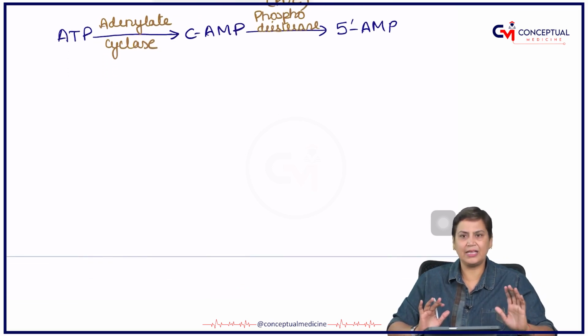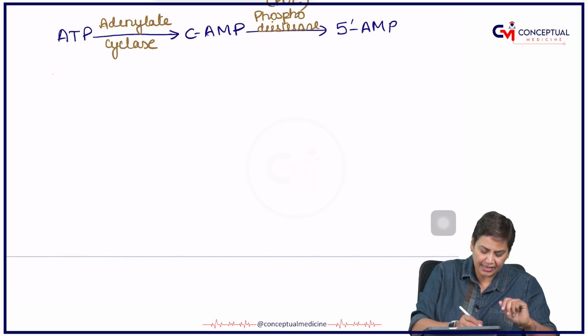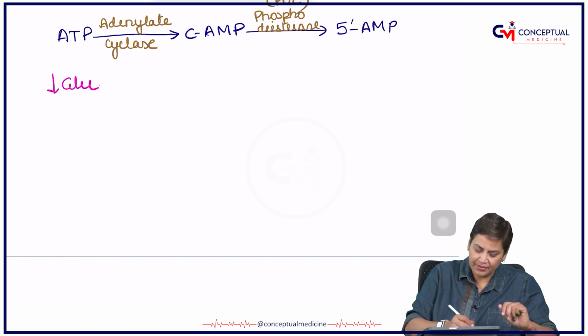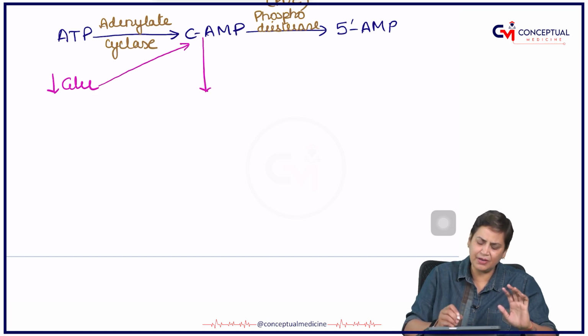Now see what is happening. Whenever there is decreased concentration of glucose, that means the body is undergoing hypoglycemia, this cyclic AMP sends the message, and this cyclic AMP simply makes protein kinase active.